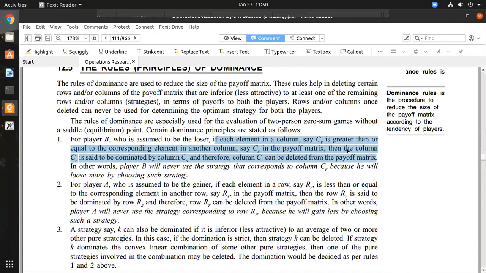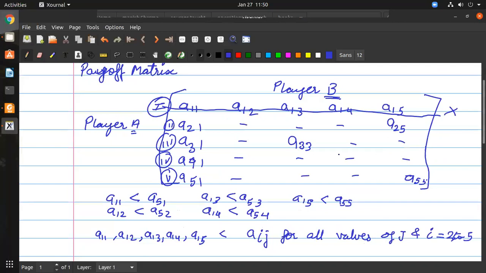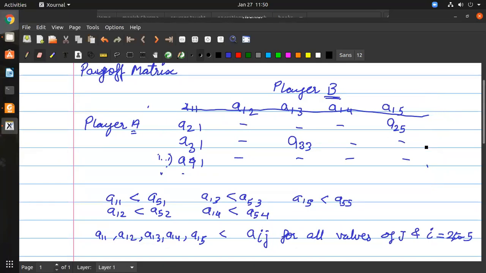So now if we go back to what we were discussing here, instead of rows, let us discuss the columns. Let me just clear this and write it again.